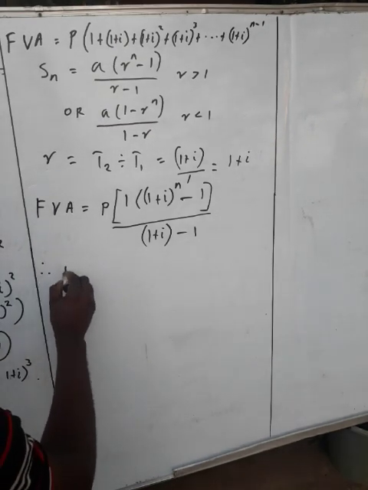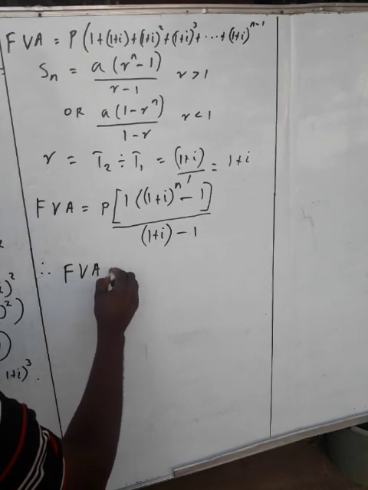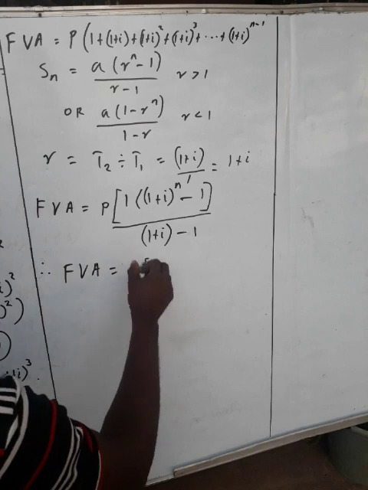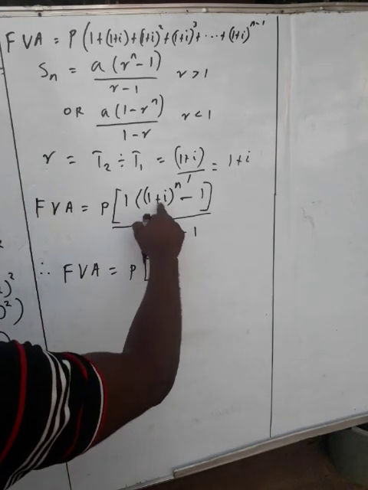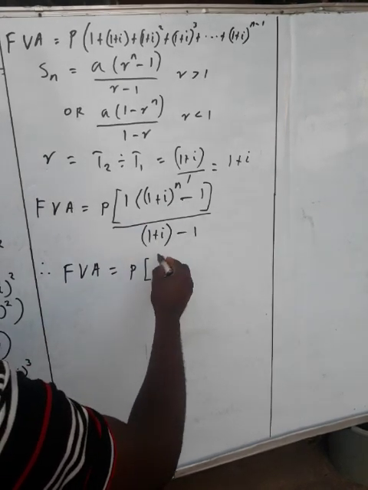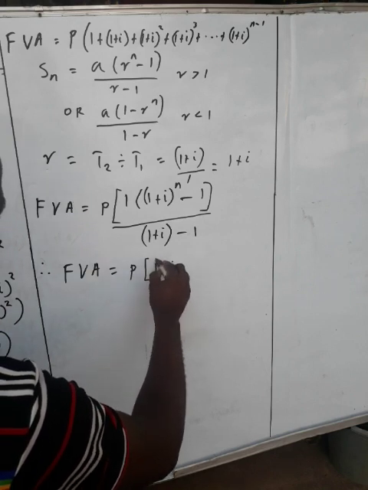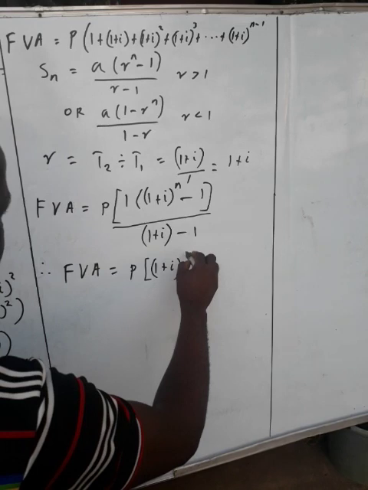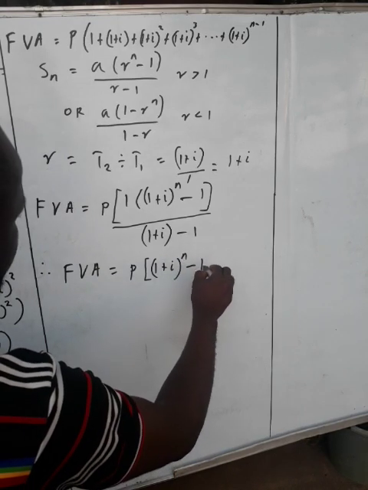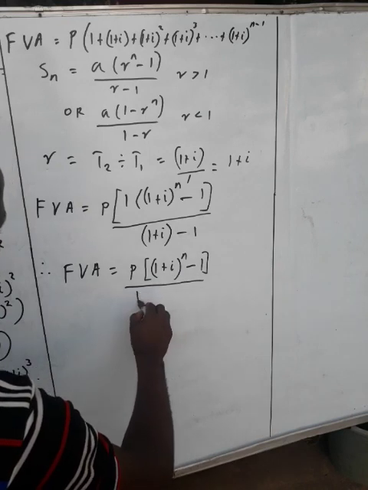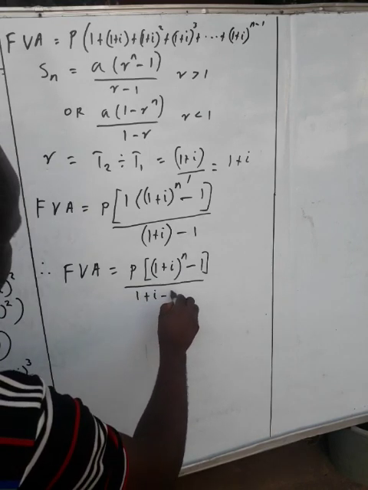Therefore, future value annuity is equal to P times the bracket. Multiplying by 1 inside is the same thing, so it's going to be (1 + i) raised to power n minus 1, all over 1 + i minus 1.